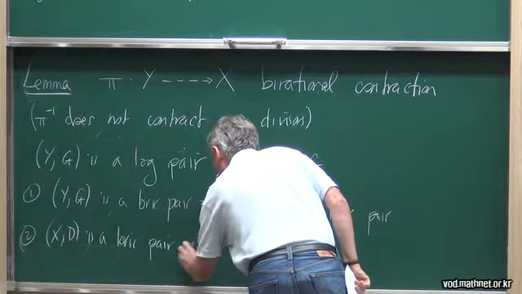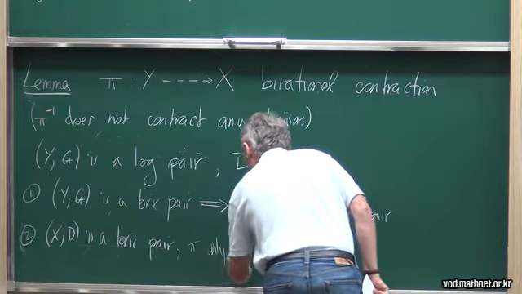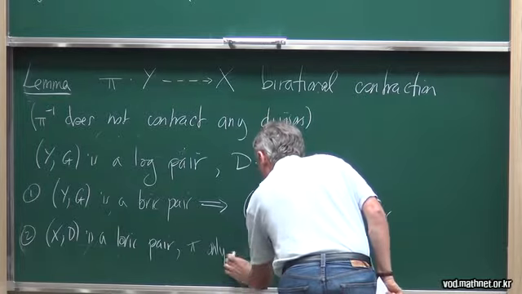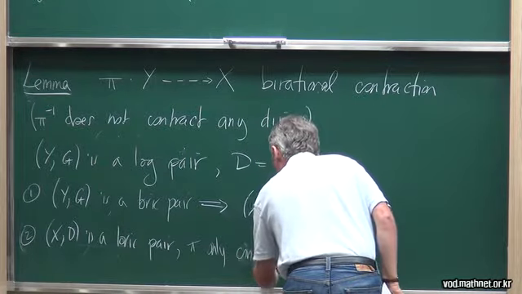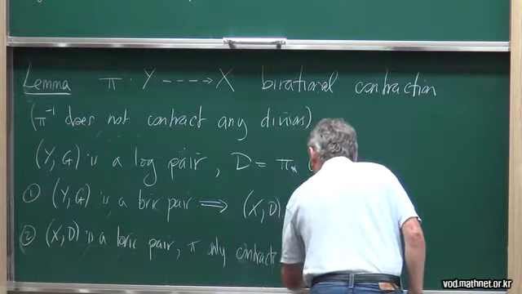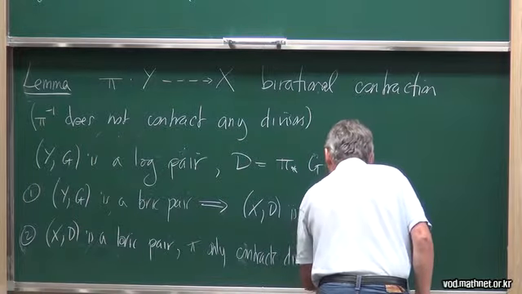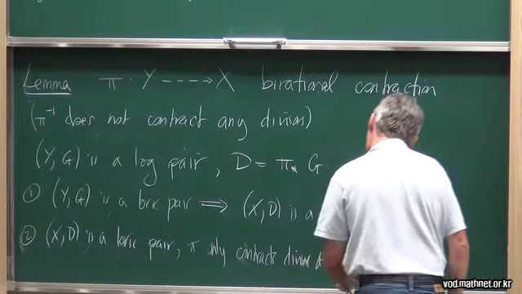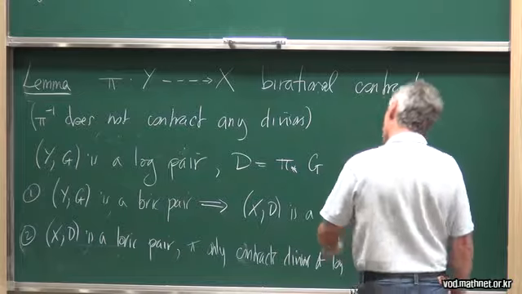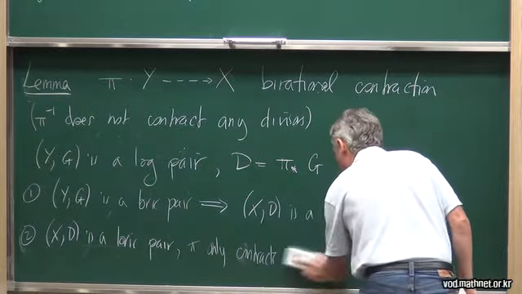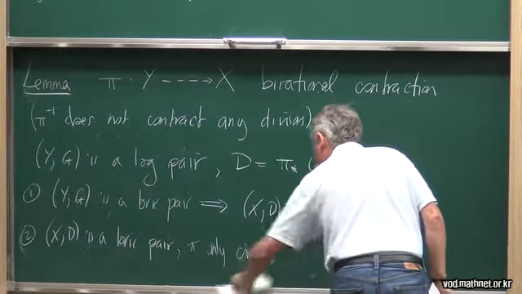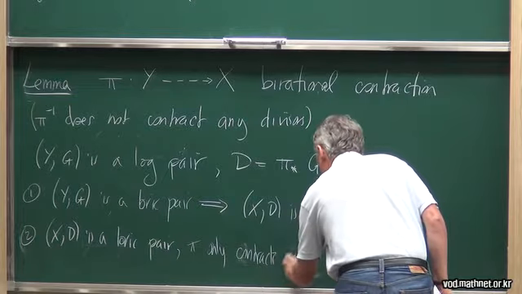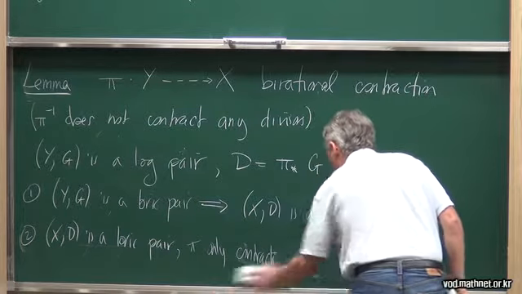But suppose that pi only extracts, or contracts, I suppose, divisors of log discrepancy 0. Oh, so another way it contracts components. No, I actually mean log discrepancy 0.